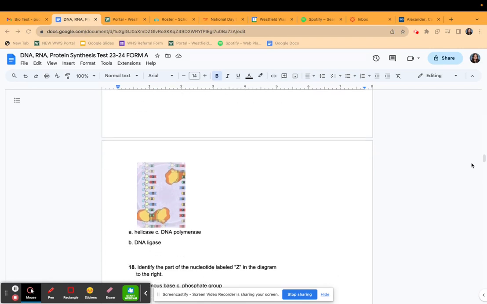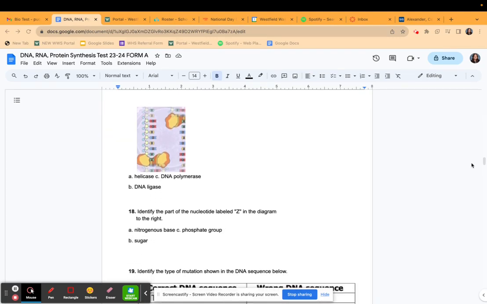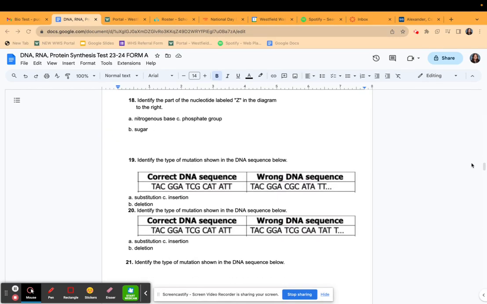Is it A. Helicase, B. DNA ligase, or C. DNA polymerase? Number 18. Identify the part of the nucleotide labeled Z in the diagram to the right. A. Nitrogenous base, B. Sugar, C. Phosphate group.